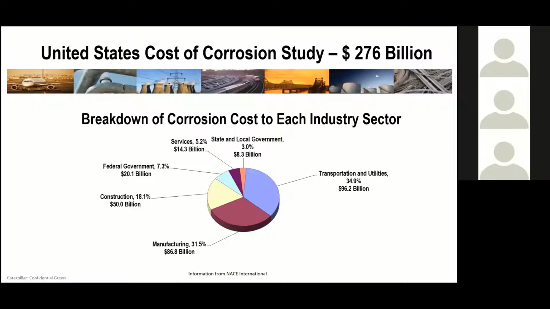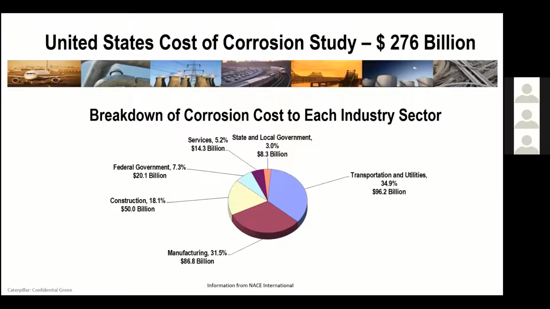You can see the breakdown in this pie chart here. Transportation and utilities is close to 35%, followed by manufacturing at almost 32%, and then construction at 18%. Then government and purchases at 7.3%. And you can see some of the other services and local government.